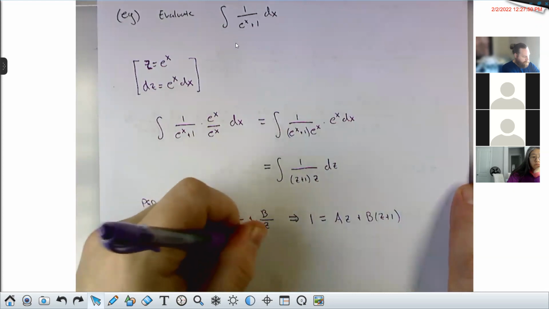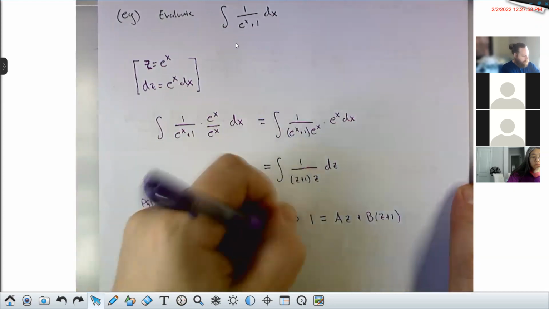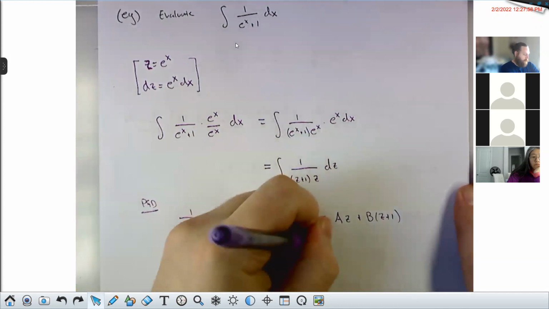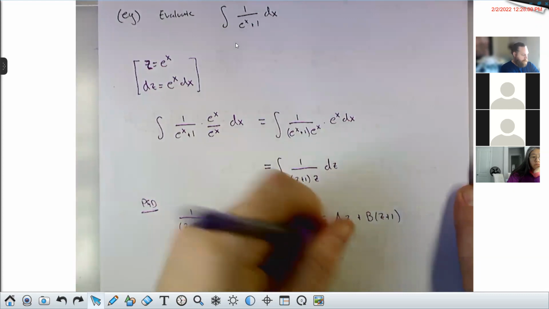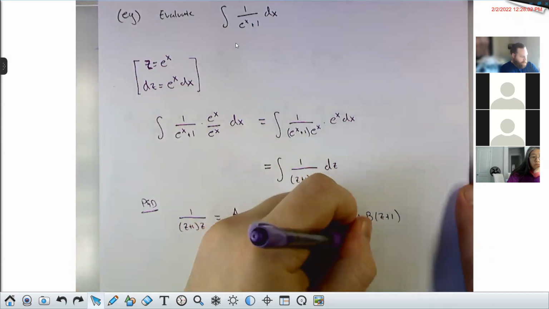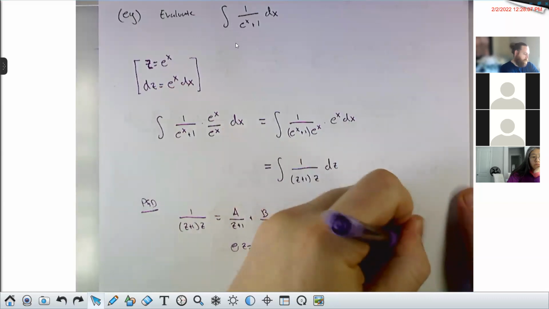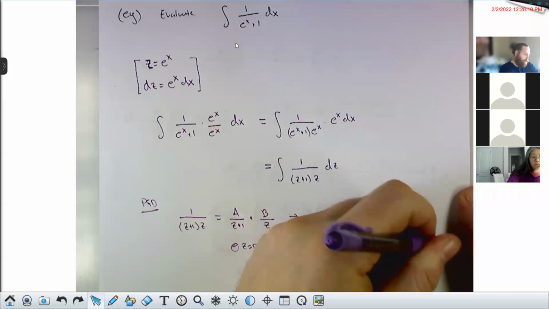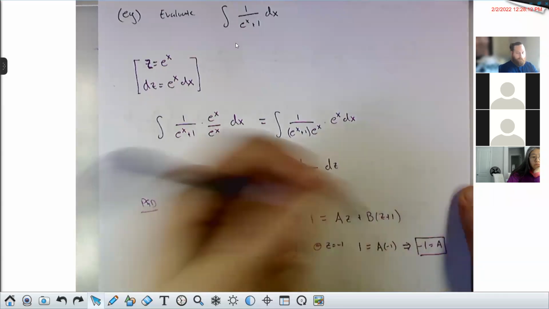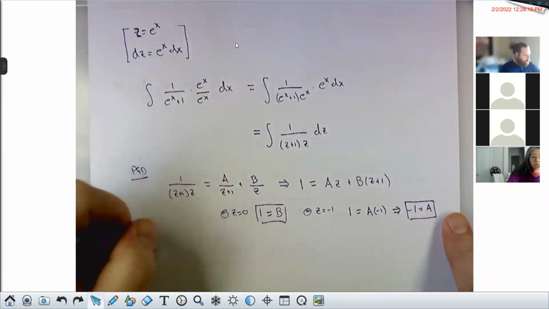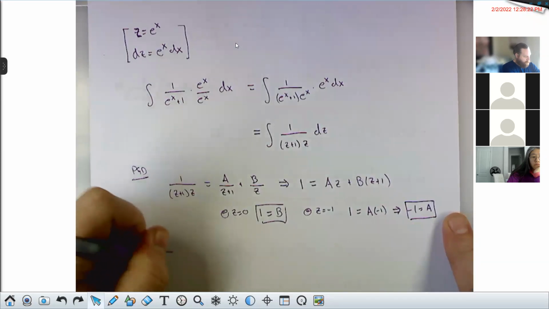At z equals 0, this becomes 1 equals B. And at z equals -1, this becomes 1 equals A times -1. So -1 is A. It's a nice, easy partial fractions problem.